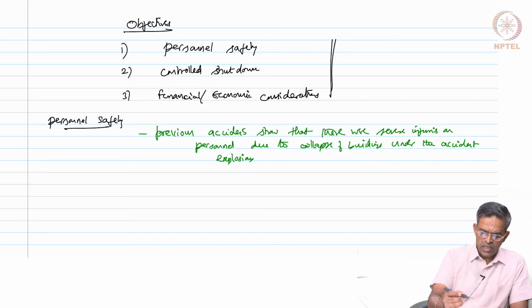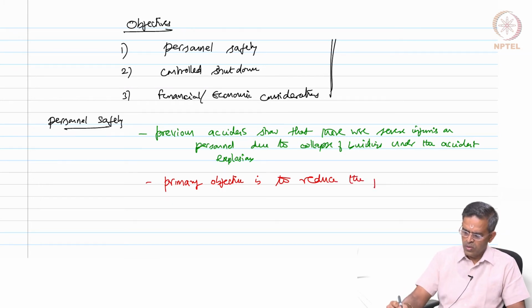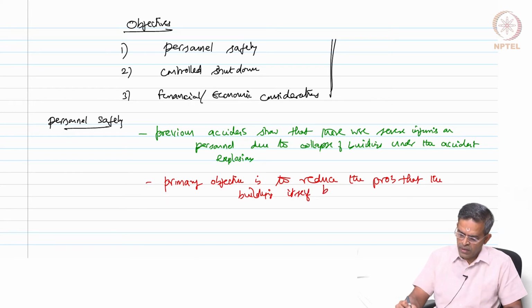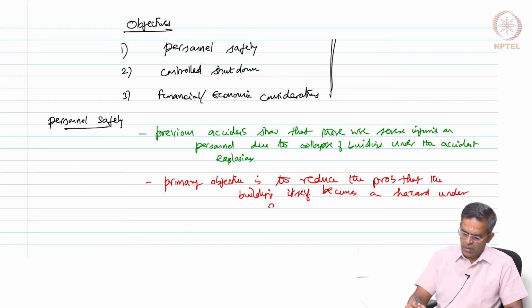Okay. So, therefore, the primary objective is to reduce the probability that the building itself becomes a hazard. That is a very important statement here. So, the primary objective is to reduce the probability that the building itself becomes a hazard under an explosion.